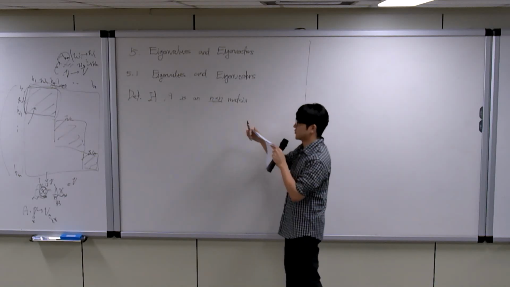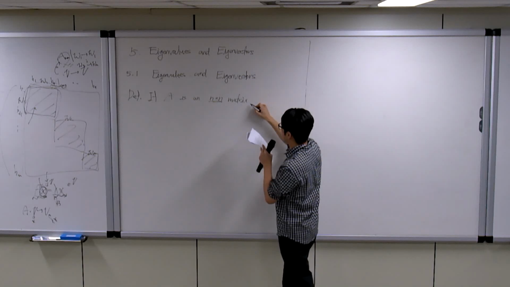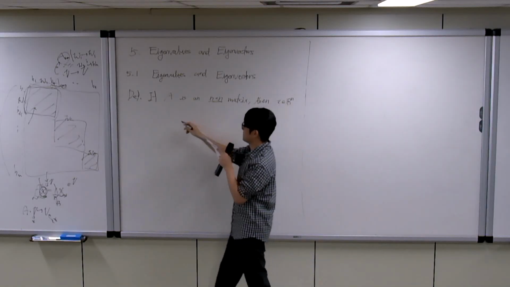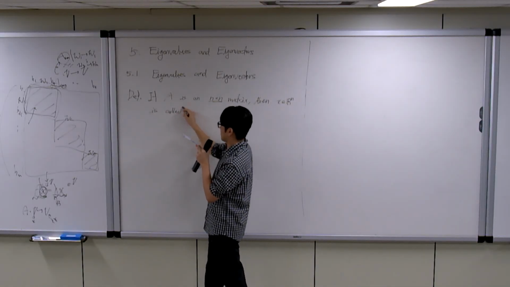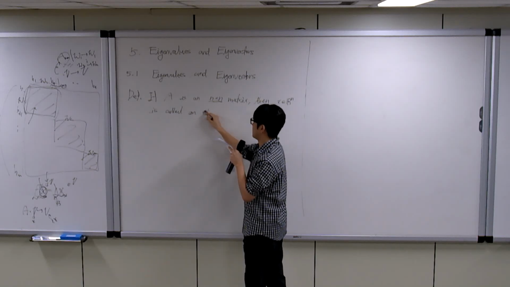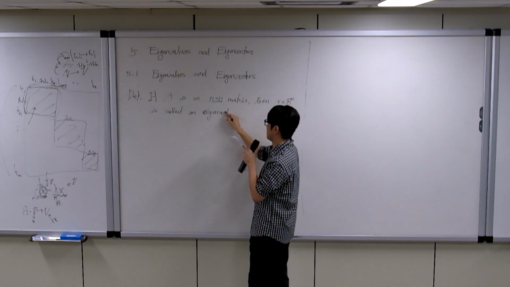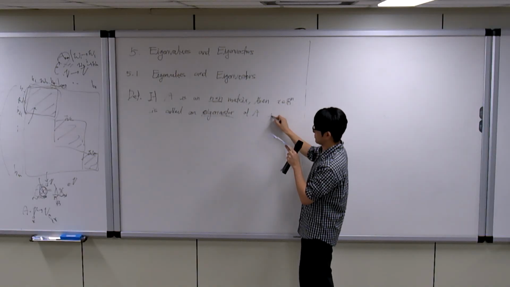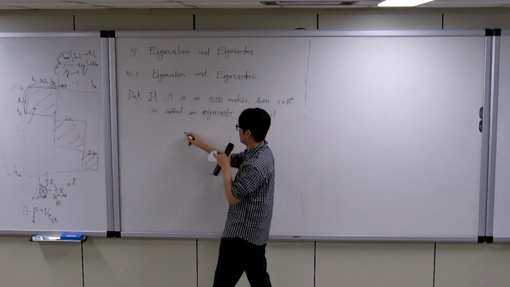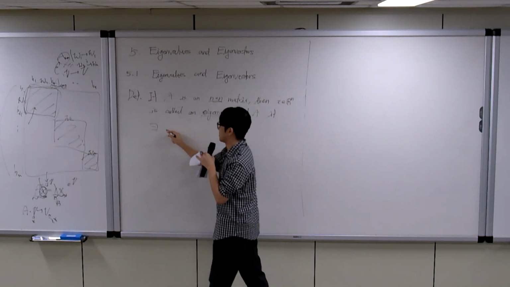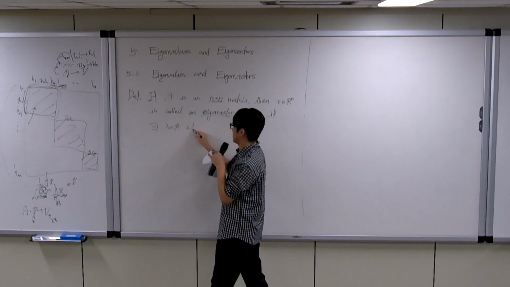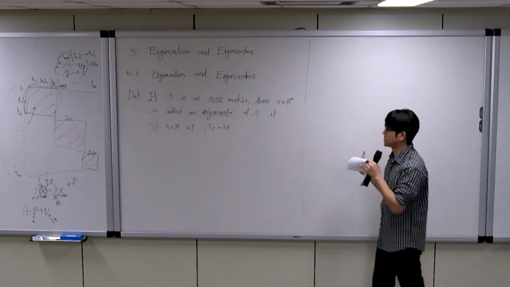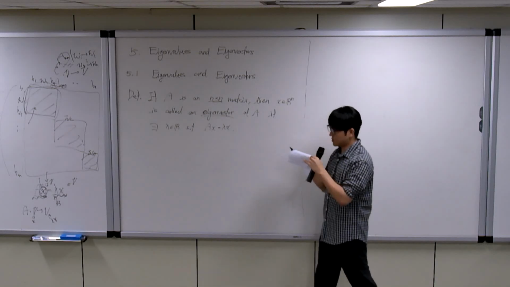So we will consider a square matrix A, and a vector x in R^n is called an eigenvector of A if there is a scalar lambda such that Ax = lambda x.